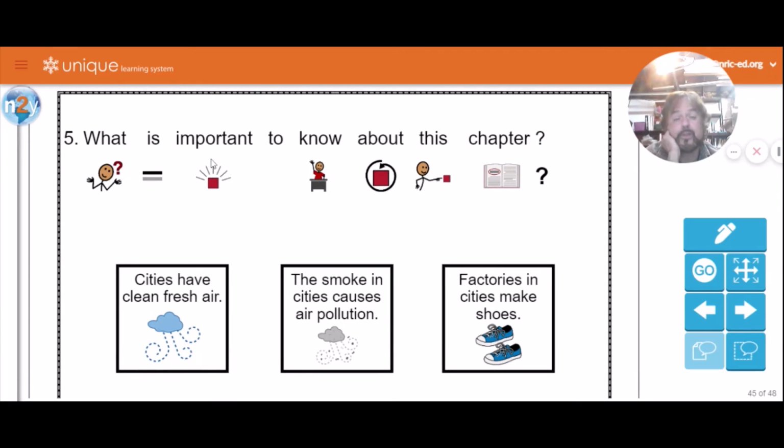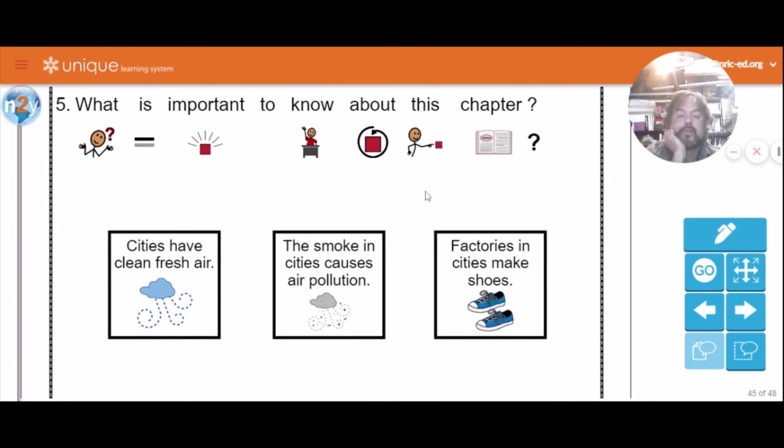What is important to know about this story? Is it that cities have clean, fresh air? The smoke in cities causes air pollution? Factories in cities make shoes? What's important about this chapter? You guessed it. The smoke in cities causes air pollution.